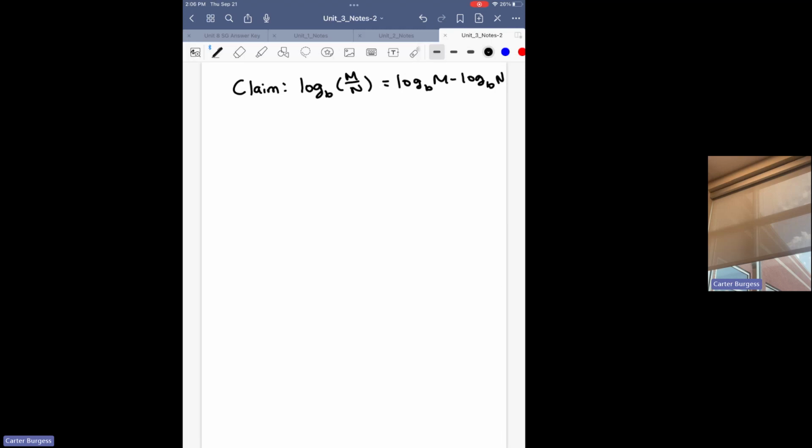So let's again consider log base b of m over n, but I'm going to rewrite this as a product. This is something that you can always do when you are dividing numbers.